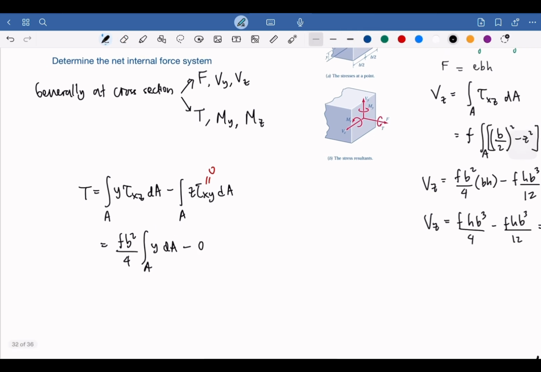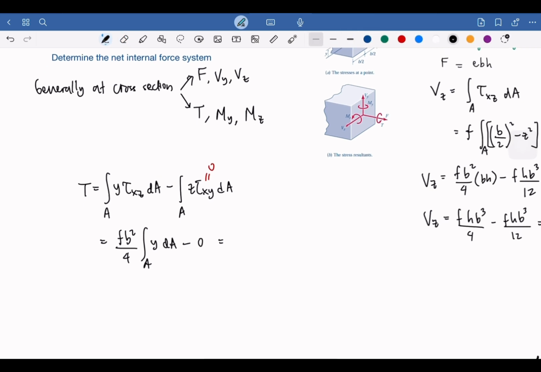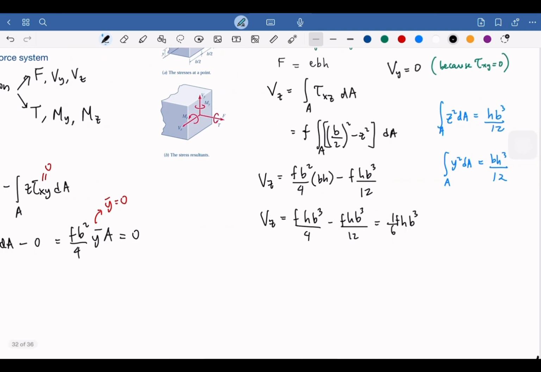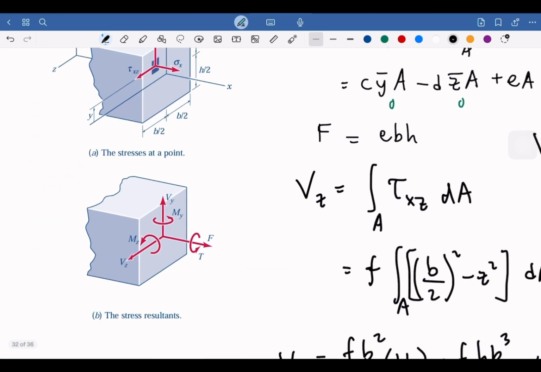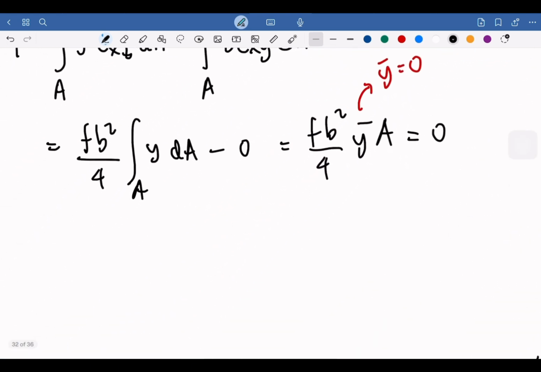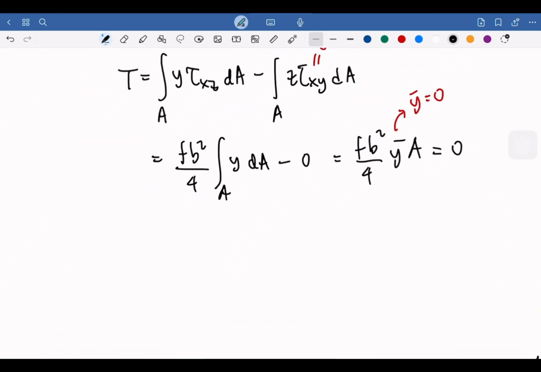And since this is equal to f b squared over 4 y bar A and y bar is 0, then this is also 0. So the torque will be 0, since we define here that the y bar and z bar are 0 because they are at the centroid of the cross section.